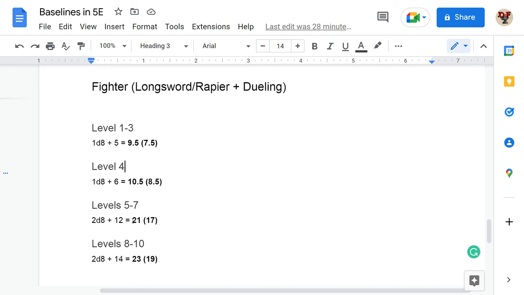This is simple. Again, you don't have many assumptions. A fighter with a sword is going to try and hit something, and they've chosen the fighting style relevant for their weapon. Now there are other fighting styles you can choose. Of course, you could take defense, you could take superior technique, you could take interception, you could take protection.